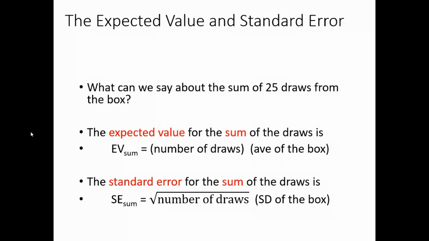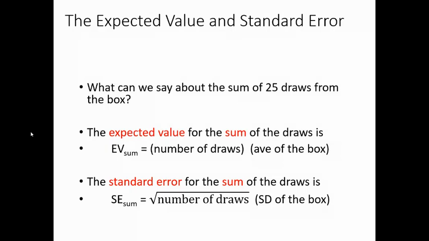So this should be in your notes. The expected value for the sum of the draws is, and then there's a blank, and in the blank I want you to write this formula. Make it big and bold, highlight. So what is referred to as the EV sum. From now on, whenever we say EV, that means expected value. It's just faster to use that.